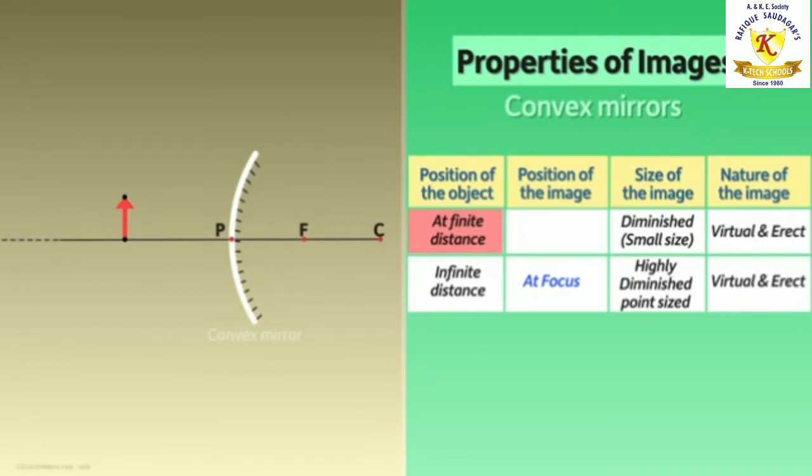Find out the image of these two object points first by drawing at least two rays emerging from each point. Now after reflection, all these rays will follow the laws of reflection. When we extend these rays backwards, we get an image location. I repeat again, that is not a real location in space. It's only a location where the image appears to be formed.